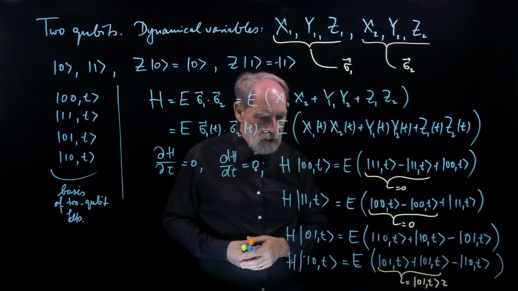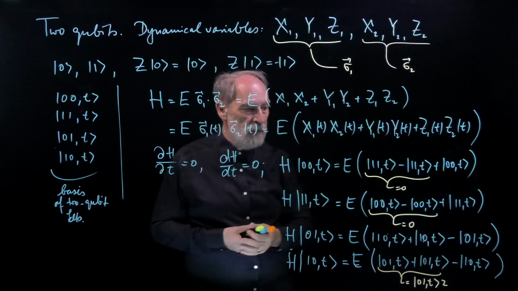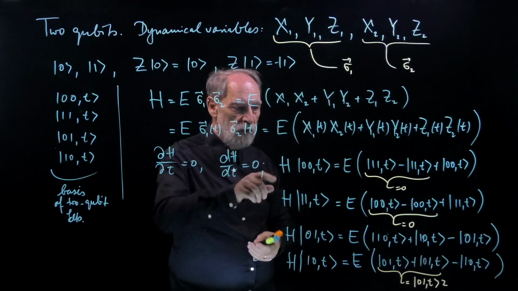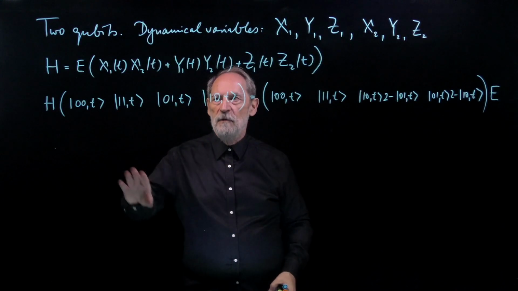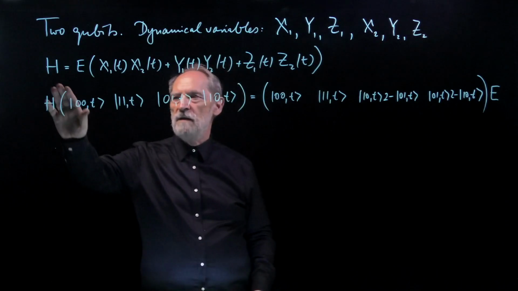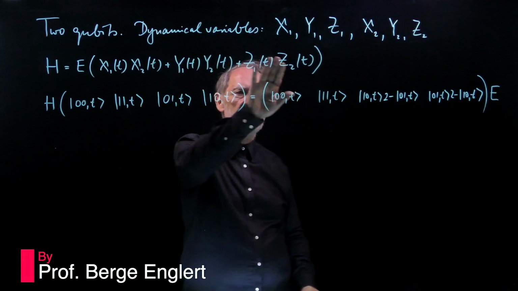So now let's combine all of this into a matrix representation for H. So here I'm summarizing what we have found so far. This is our Hamilton operator, x1 x2 plus y1 y2 plus z1 z2.